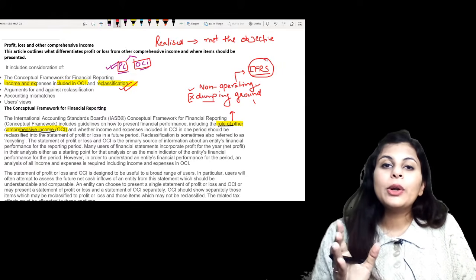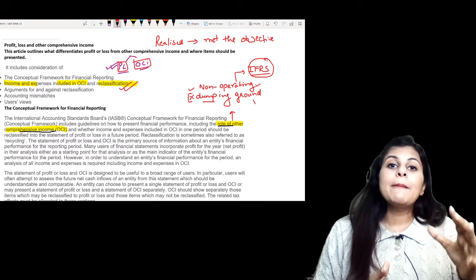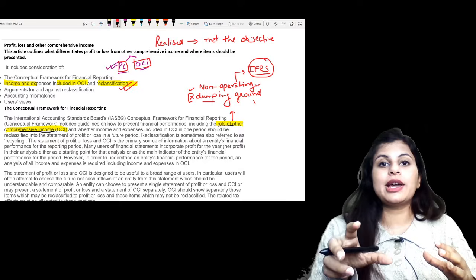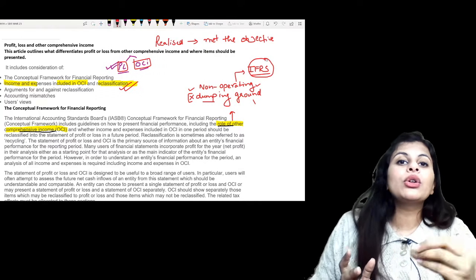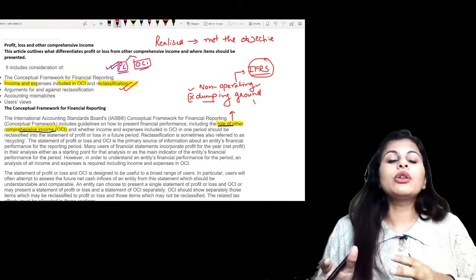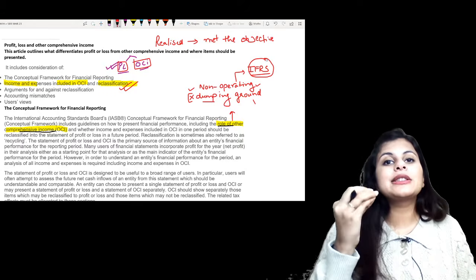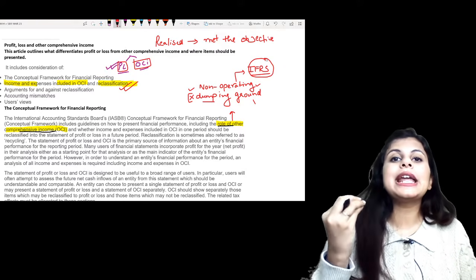Now automatically, if there is an income and gain, we say it goes into the statement of profit and loss, but only a standard can tell us what will go into OCI, because OCI is a new, unique, rare thing. So we cannot say automatically this goes into OCI. Automatically every income and expense goes into P&L, but a few exceptional items go into OCI, and it is mentioned in every standard.